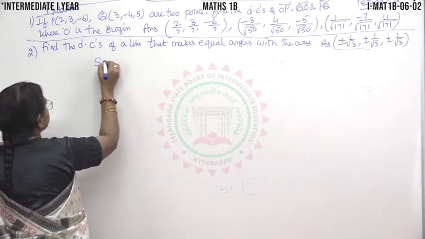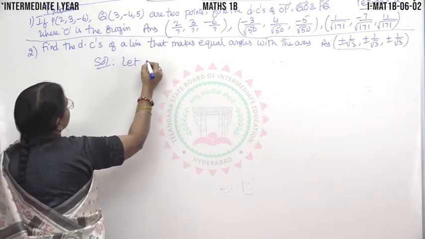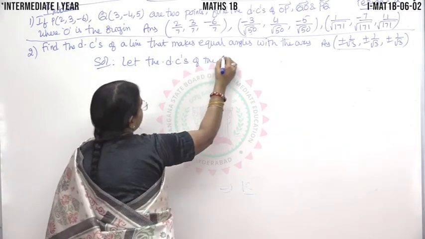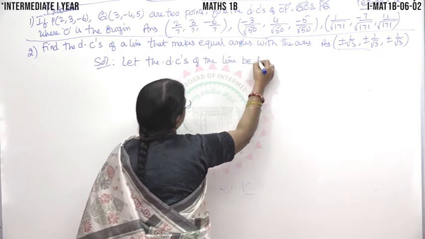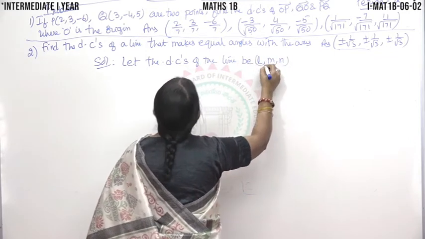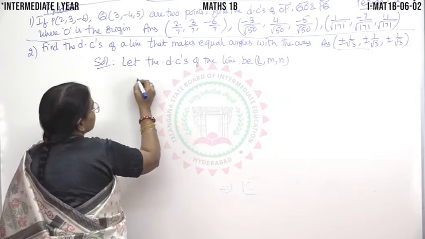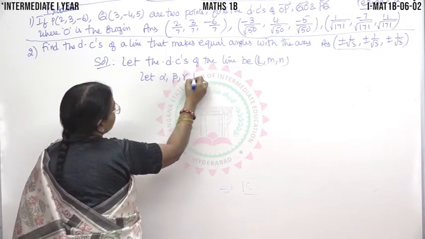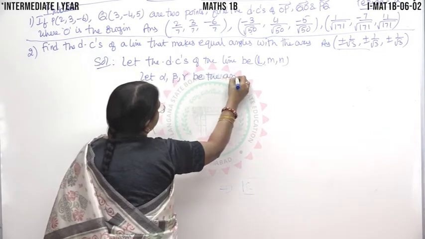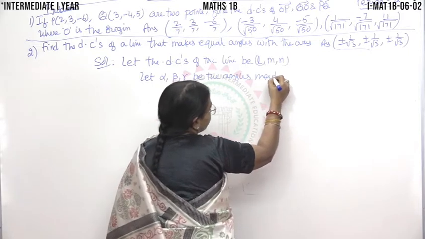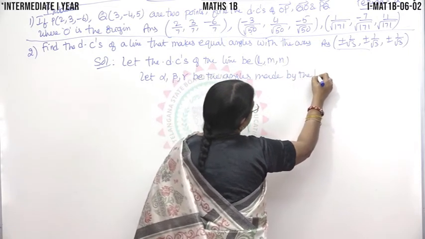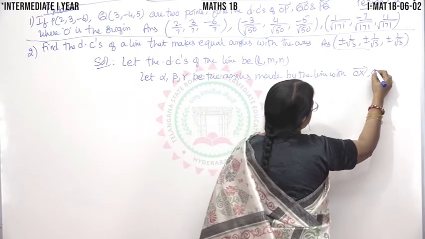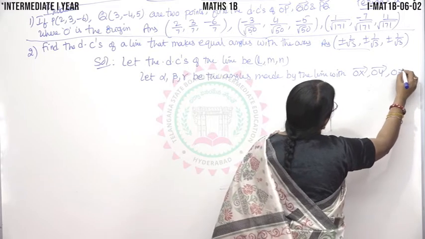So in the solution, let the DCs of the line be L, M, N. Let alpha, beta, gamma be the angles made by the line with OX, OY and OZ.